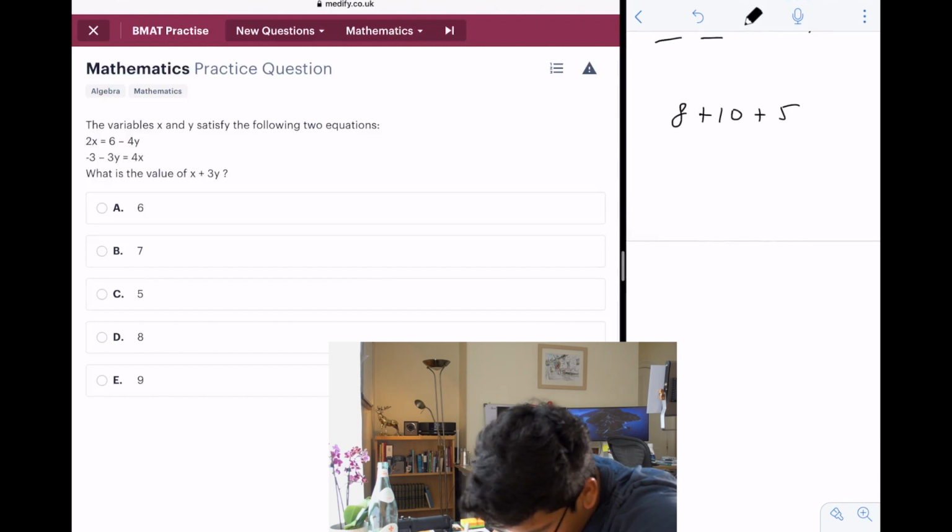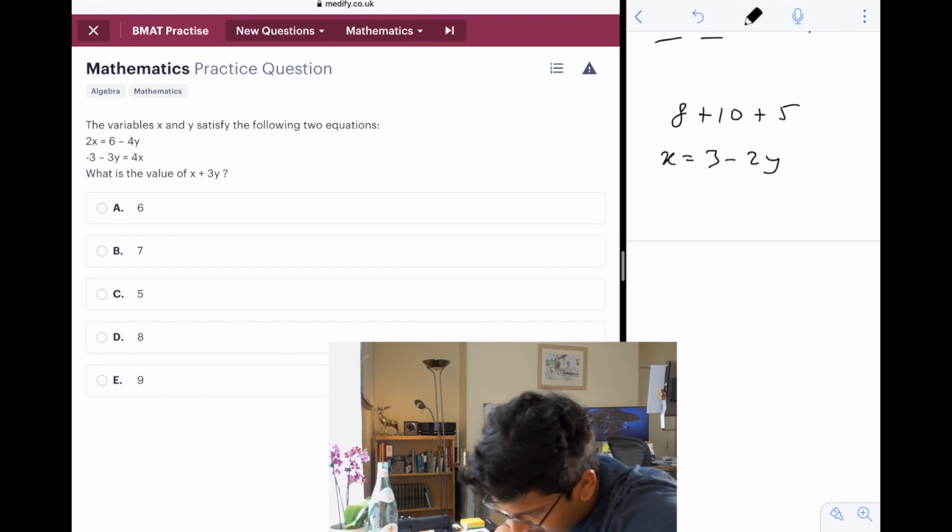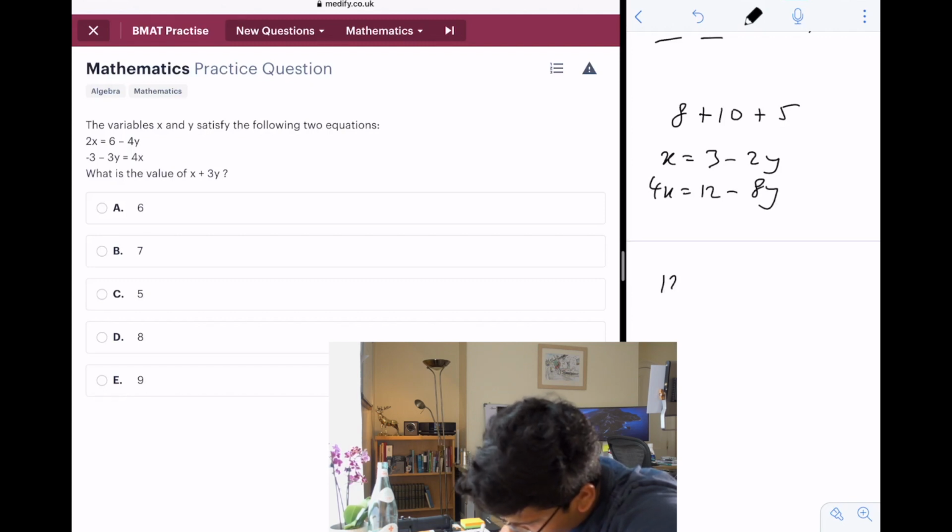Okay, what's the value of x plus 3y? Yikes. So I know the top one, I can halve that into x equals 3 minus 2y. So what is the value? Oh, right, I just need to work it out, shouldn't I? Yeah. So 4x is equal to 12 minus 8y. So I'm just going to do 12 minus 8y is equal to minus 3y.